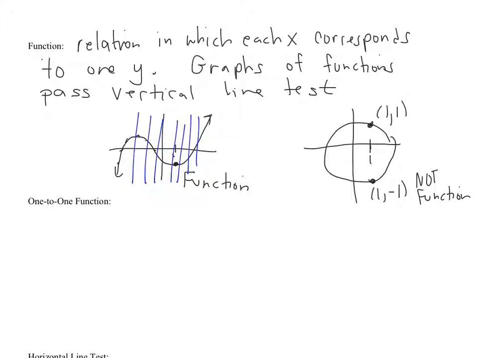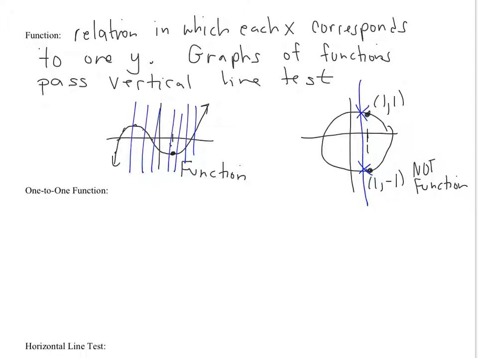And if you think about our vertical line test, if any vertical line hits the relation twice, it's not a function. Now, for our basic understanding of functions, it's just good to be a function, but what that'll do eventually is open up a lot of different properties that will hold only to functions.